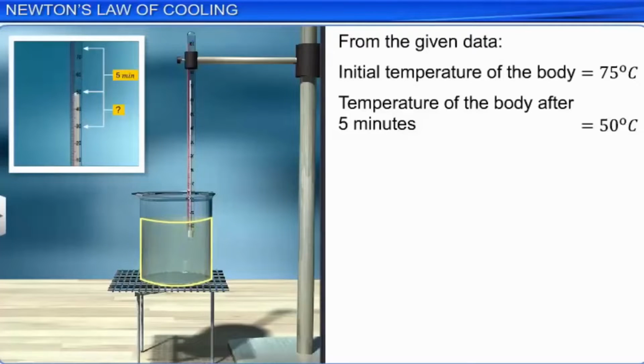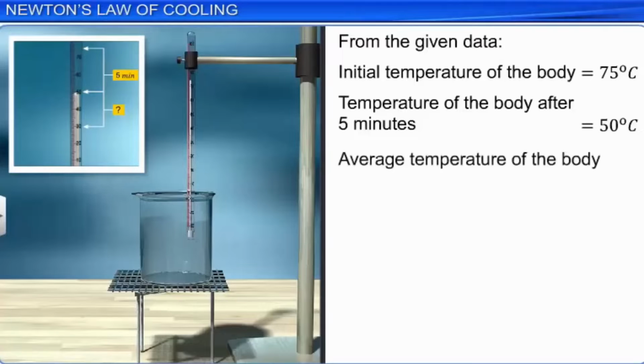When the body is cooled from 75 degrees Celsius to 50 degrees Celsius in 5 minutes, the average temperature of the body is the average of 75 degrees Celsius and 50 degrees Celsius, which is equal to 62.5 degrees Celsius.